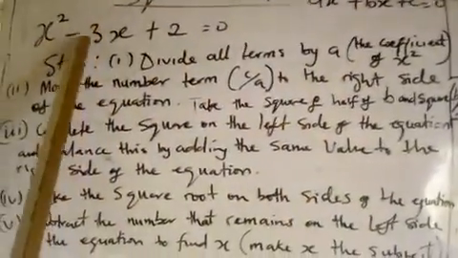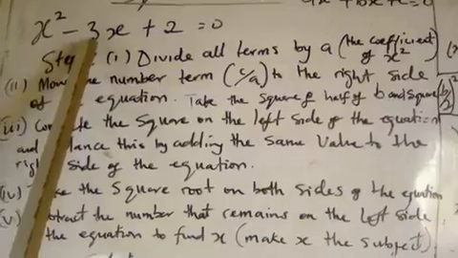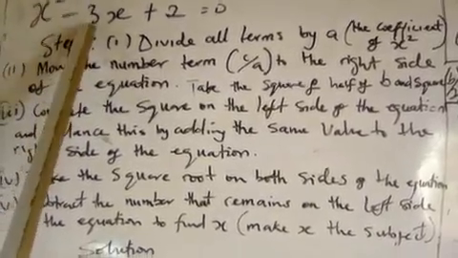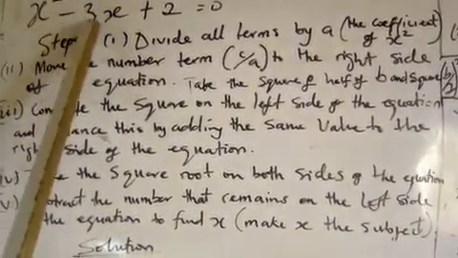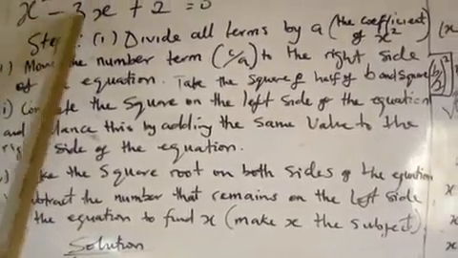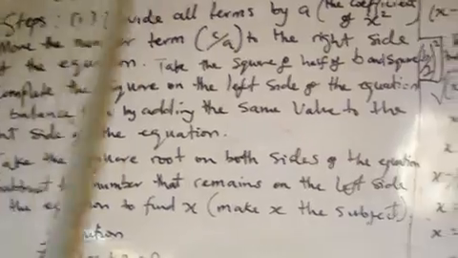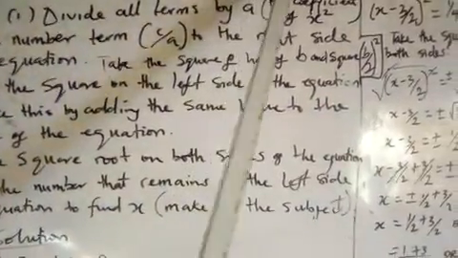This is b, right? In this case, the coefficient of x is 3. Then you take half of it, which is 3 over 2. You divide it by 2, then you square it. So which will give you (b over 2) squared.